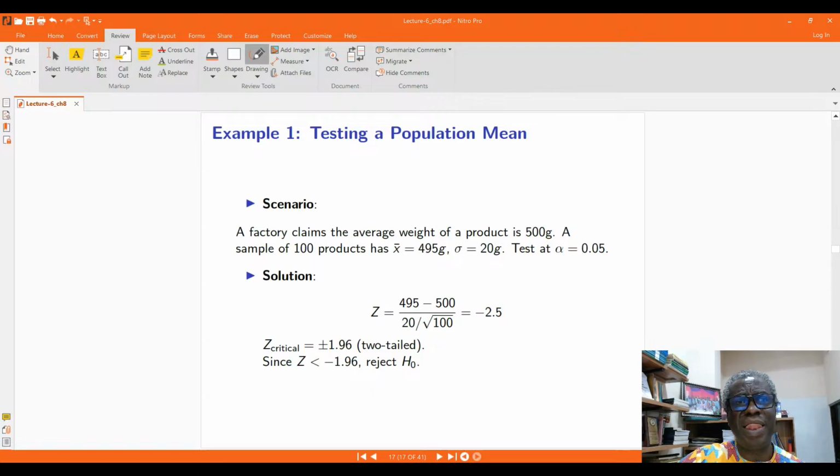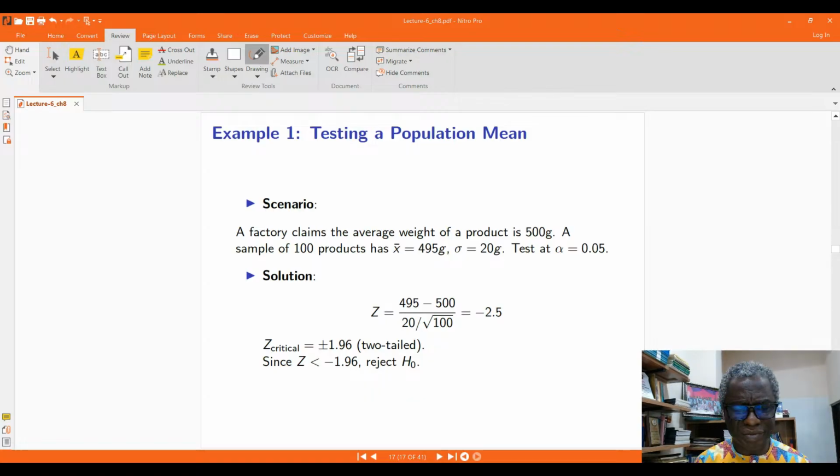And to test whether this claim is true or not, a sample of 100 products were drawn randomly.